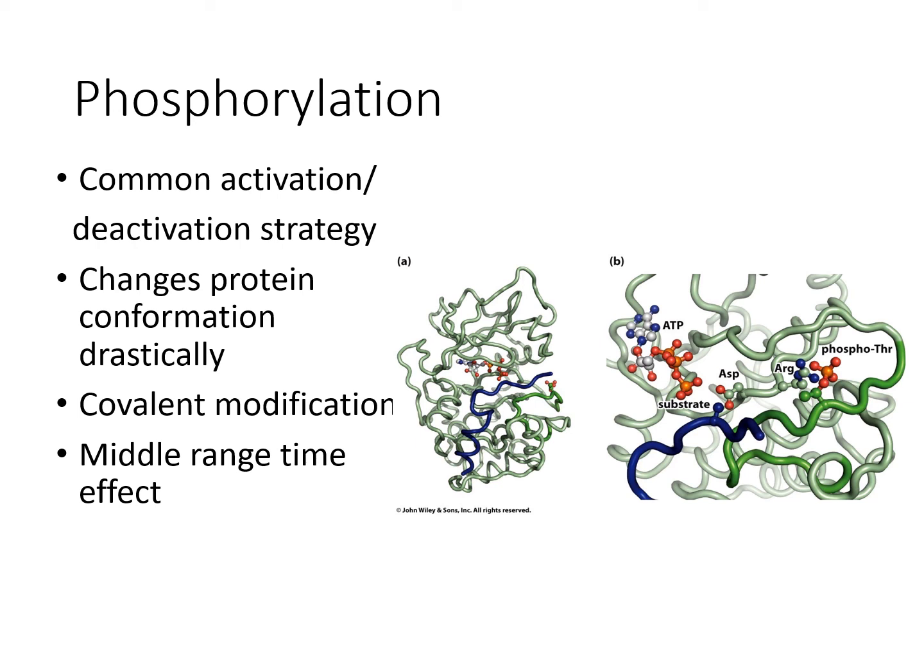Phosphorylation is a common activation strategy in cell signaling, and it changes the protein conformation, that means the 3D configuration, drastically, because the hinge at the phosphate between ADP and ATP is very different, and it has different rotations between them.